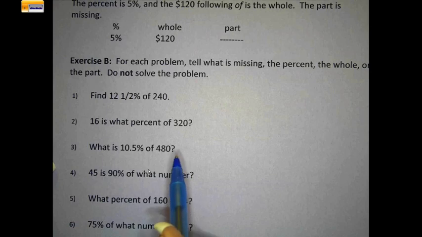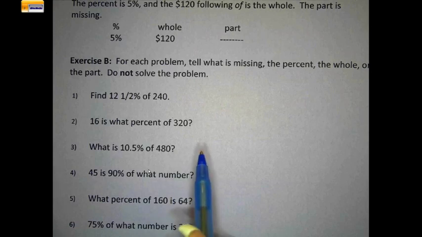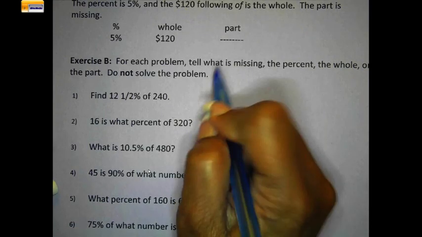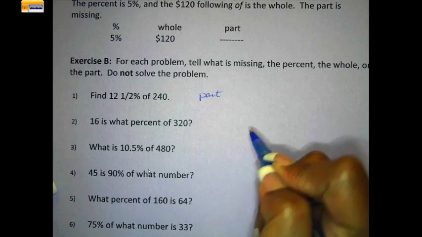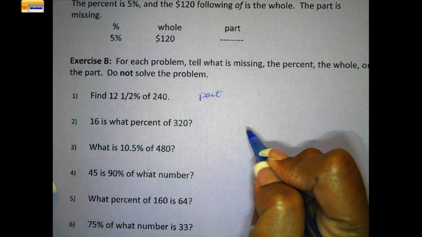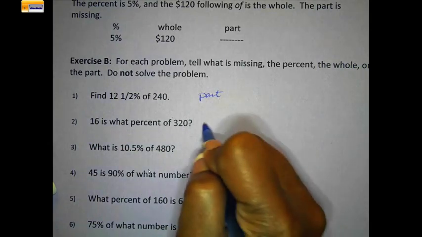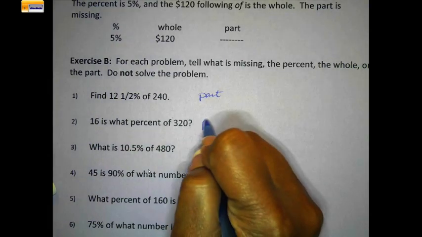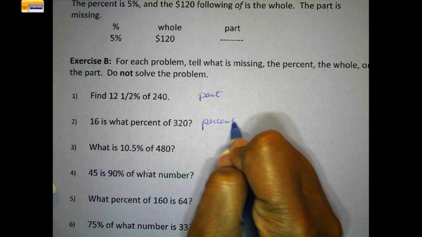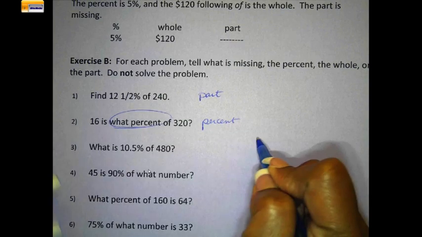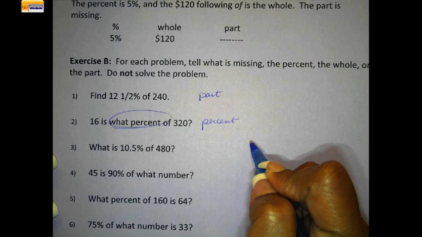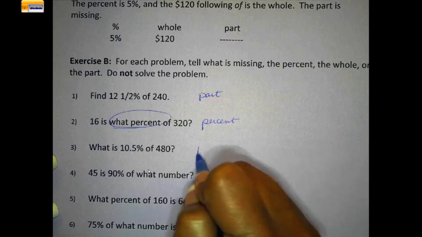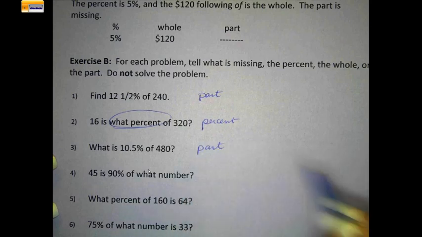Okay, number 1, 12.5% of 240, what's missing? 30. The part. Number 2, 16 is what percent of 320? What's missing? The percent. It says what percent. Okay, number 3. What is 10.5% of 480? The part is missing.